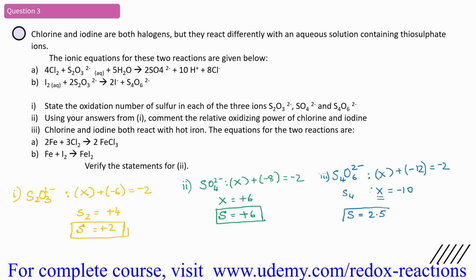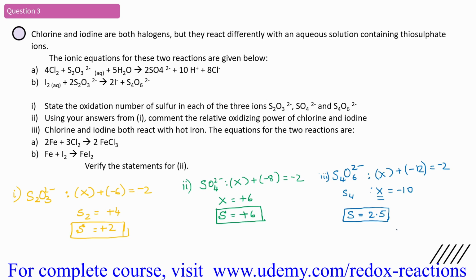So sulfur has an oxidation state of 2.5. In each of these ions, S2O3 2- has an oxidation state of +2, SO4 2- has +6, and S4O6 2- has 2.5.